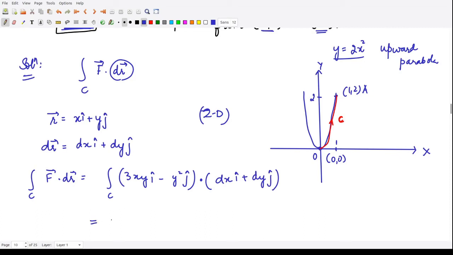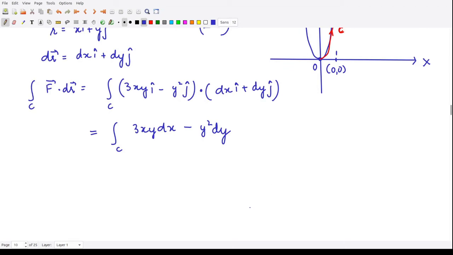Now we can perform this dot product. It would be 3xy dx minus y square dy. So this is our integration. Now, you see the integration here is with respect to x, and we also have the variable y here.